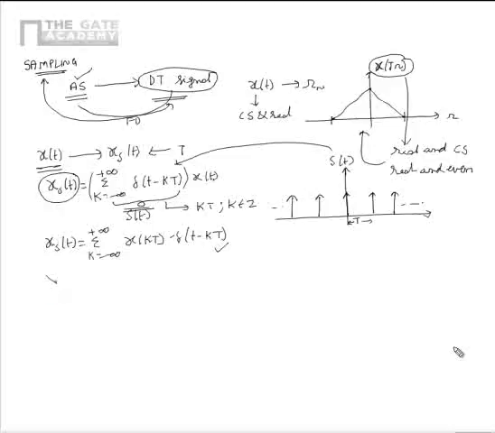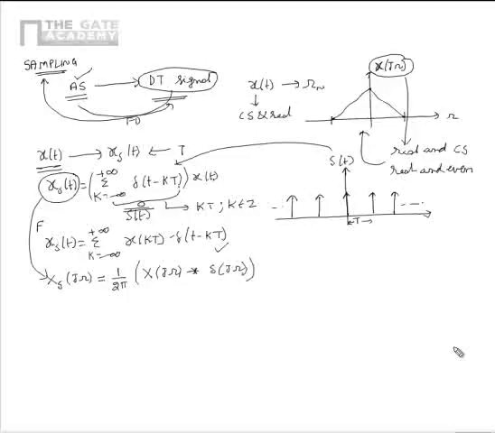From this we can say that the frequency domain representation of xs of t is xs of j omega, that is equal to a factor 1 by 2 pi multiplied by the convolution of x of j omega with s of j omega.